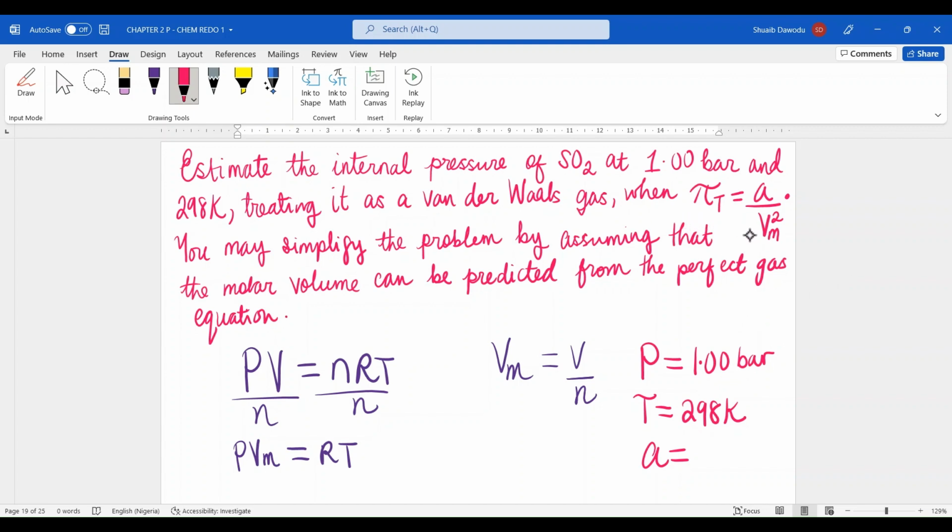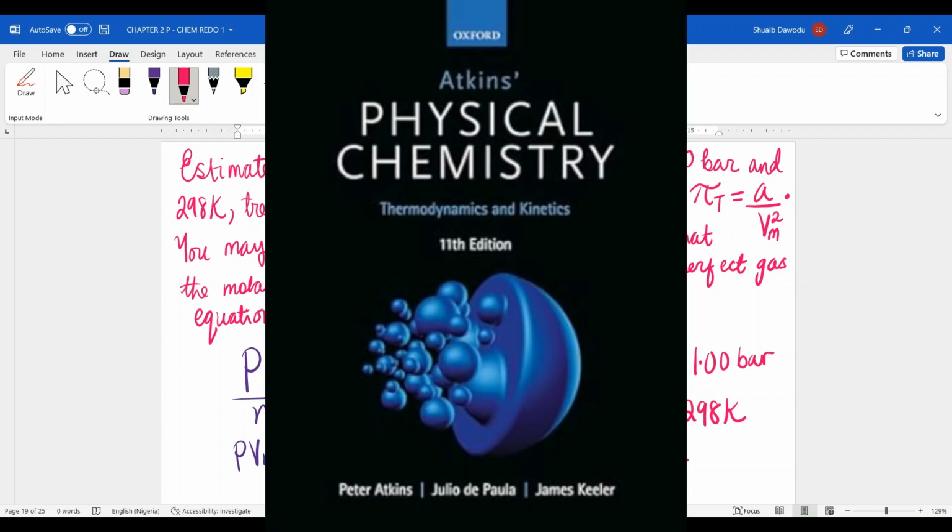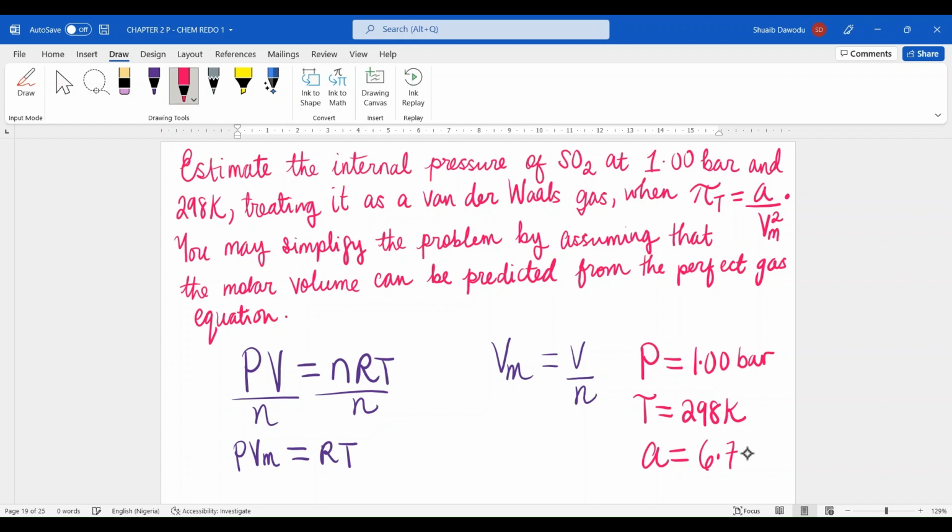Looking at the van der Waals parameters at the back of the Atkins Physical Chemistry 11th edition textbook, we know that A is equal to 6.775 atmosphere dm6 per mole squared.